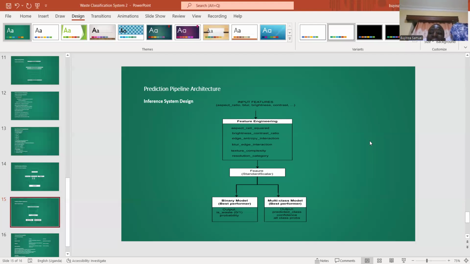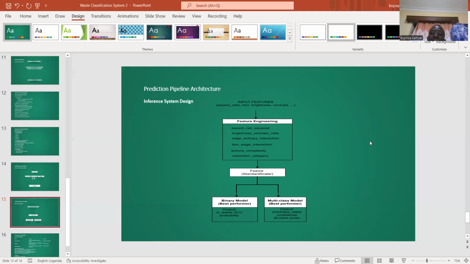Then that leads us to the feature engineering, where we have the aspect ratio, the aspect ratio squared, brightness-contrast ratio, the edge entropy interaction, the blur-edge density interaction, the texture complexity, and the resolution category.